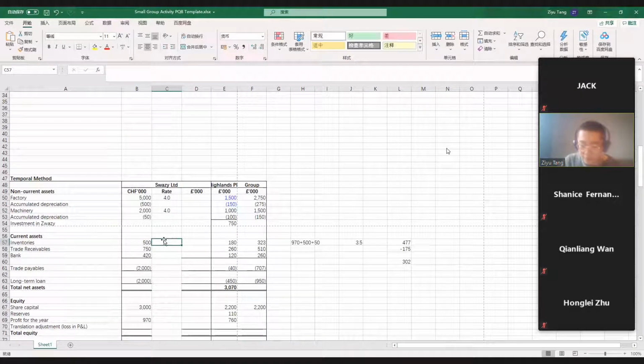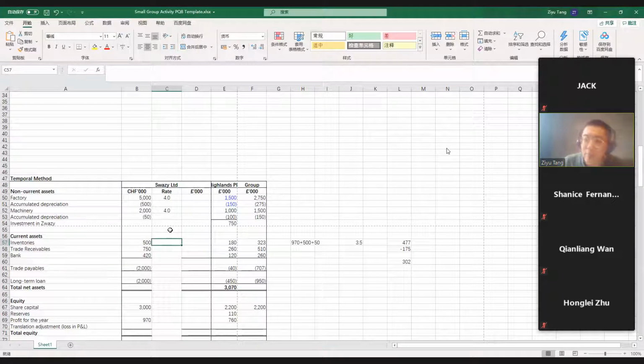Current assets, inventory. The inventory here, you need to make a note. Following the rule, inventory belongs to the non-monetary assets, right? And therefore we need to use the historical rate to translate the inventory. Is that clear?